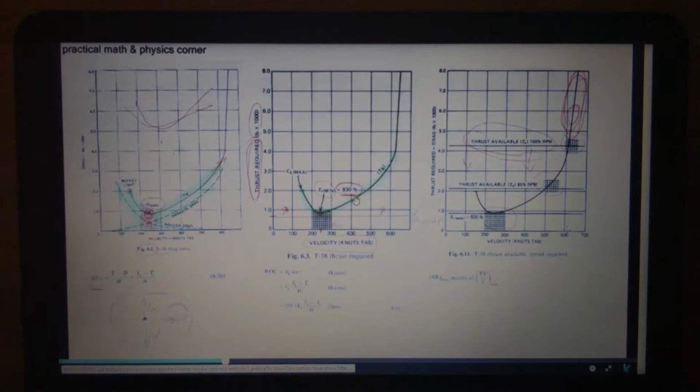So again, directly just from looking at the curve we can see that speeds above this here are probably not flyable, because we would need more thrust than we have available even at 100% RPM in this case, which directly gives us also the first performance criteria, which is the maximum speed that we can fly under the given conditions, which is the intercept point of your thrust available and your thrust required curve. It directly tells you from that intercept point what the maximum speed at that altitude would be.